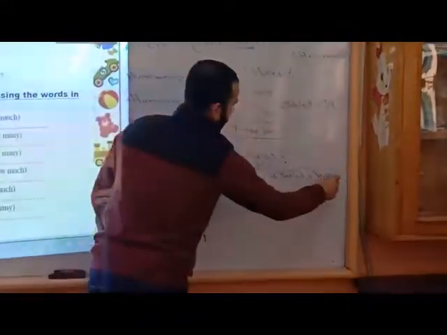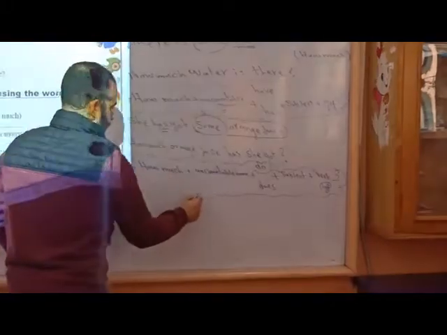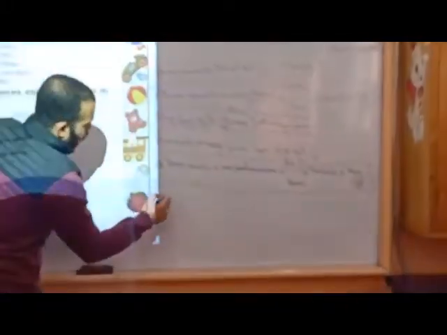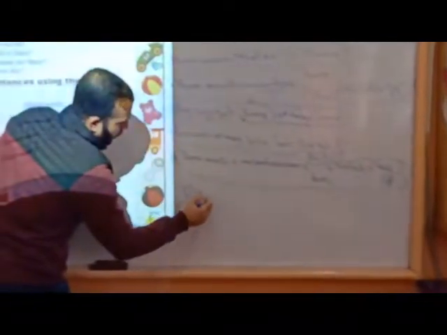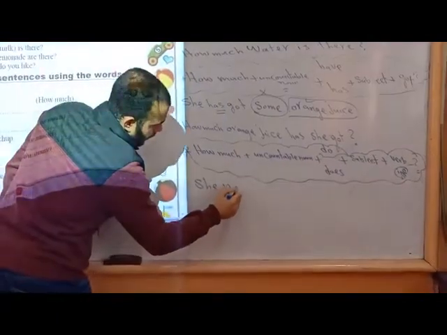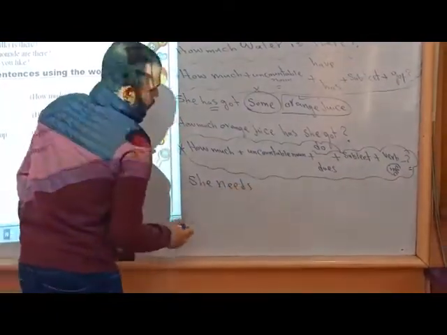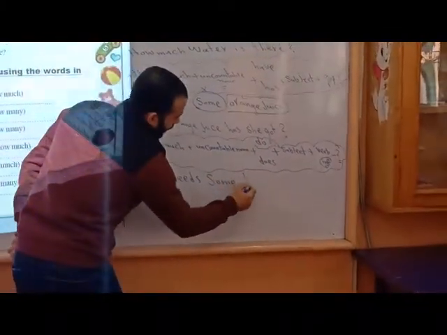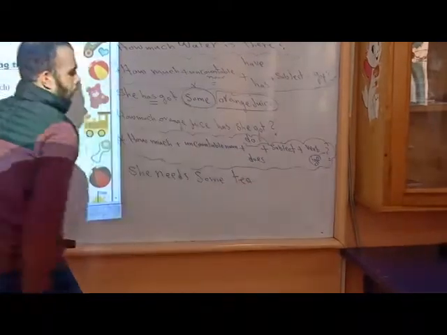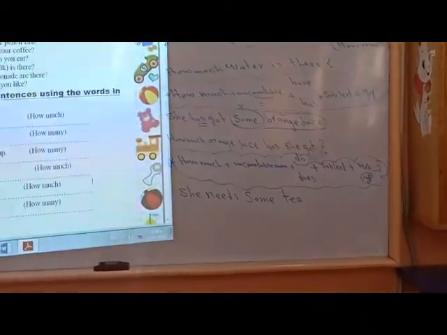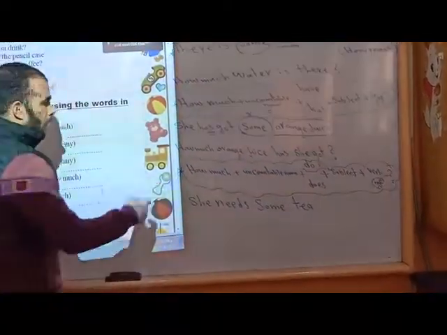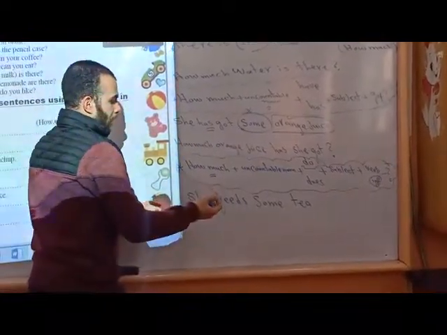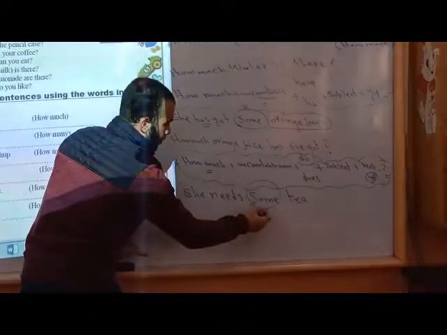For example, like what? She needs some tea. Use how much. How much? Ask about the quantity. It comes before the uncountable noun, so the quantity is some.